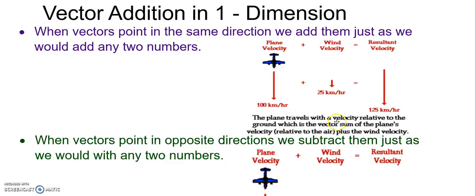So that's what we would call the resultant velocity. How do we get that? Well, I have the plane is moving in some direction at 100 kilometers an hour. The wind is blowing in the same exact direction at 25 kilometers an hour. So together, we can add those two, and we end up with the resultant velocity is 125 kilometers per hour.